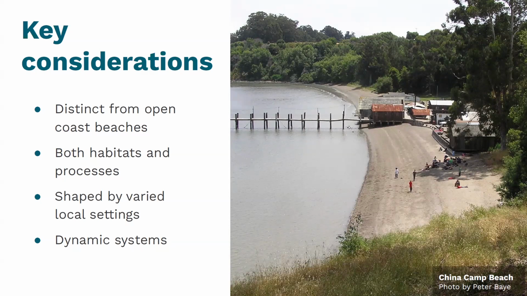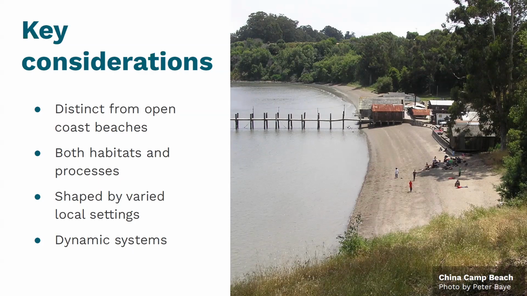There also, in the design guidance, we need to consider both the habitats that we're trying to create as well as the processes to sustain them. And that's really true for any type of restoration or adaptation project that we do, but in particular for beaches, which are very dynamic systems.